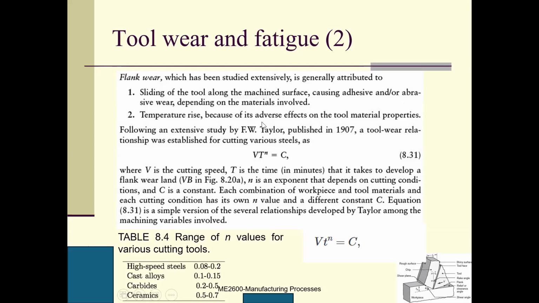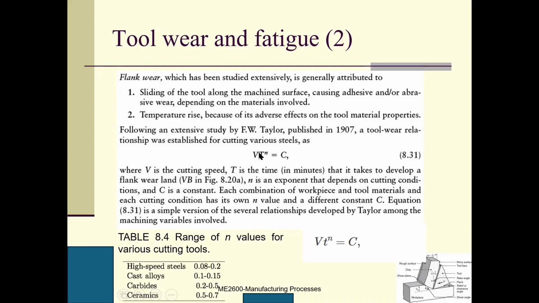So here is a genius named Taylor, and Taylor published in 1907. This is more than 100 years ago. He did a lot of experiments, okay? And he found this equation holds. V is the cutting speed.